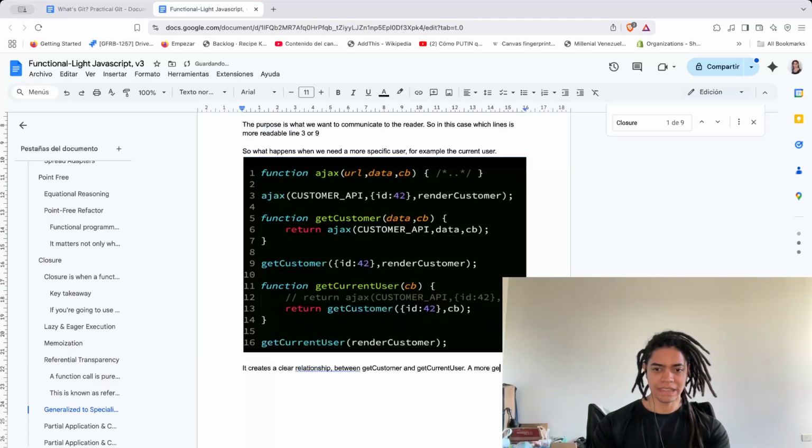A more generalized function to a specific, to a specialized function.